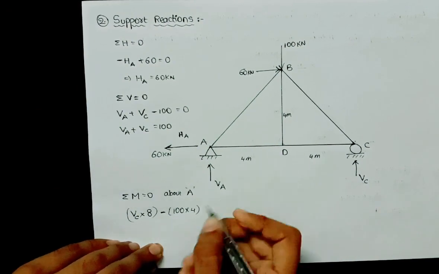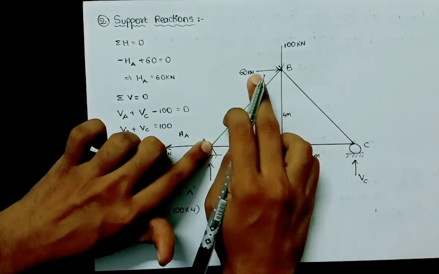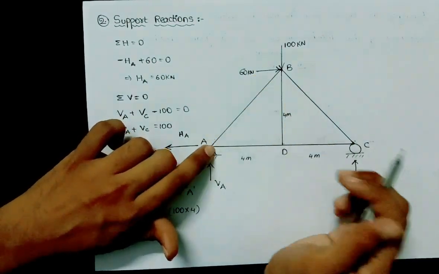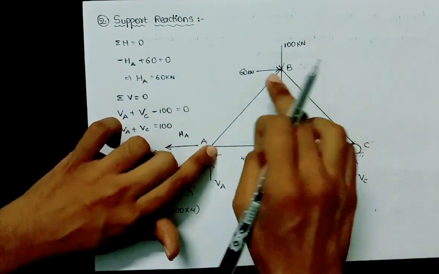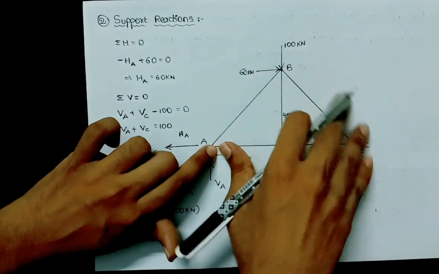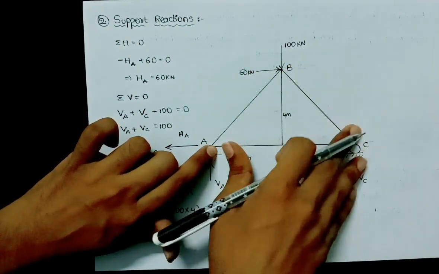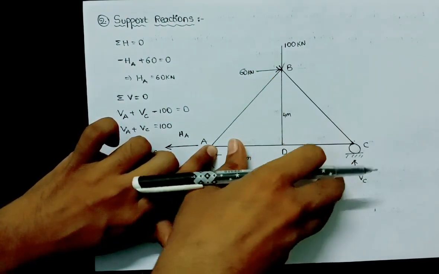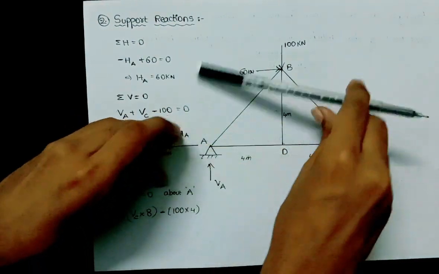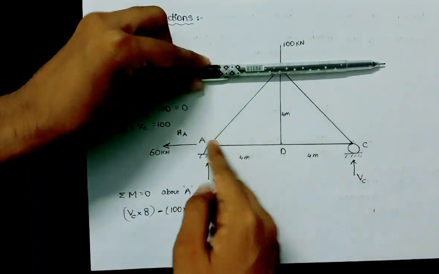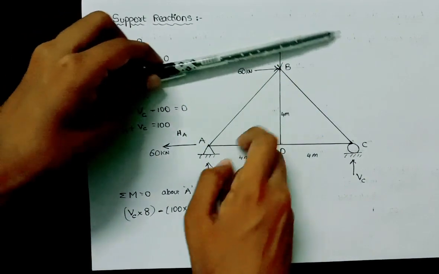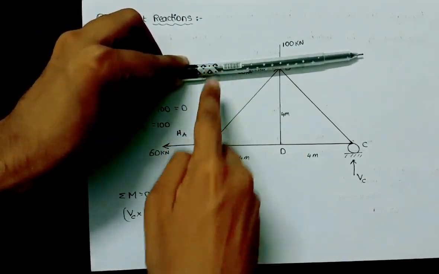What is the behavior of this 60 kilonewton? With respect to this point A, this 60 kilonewton is rotating the truss in clockwise direction. So this is the 60 kilonewton and this is the perpendicular distance.